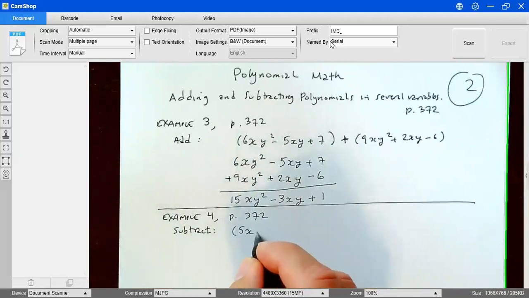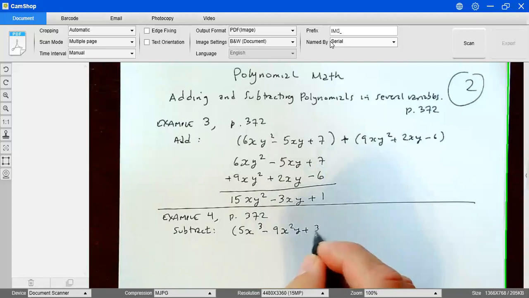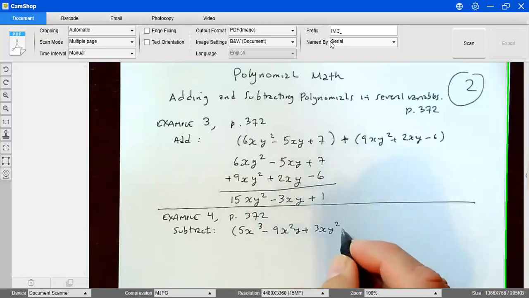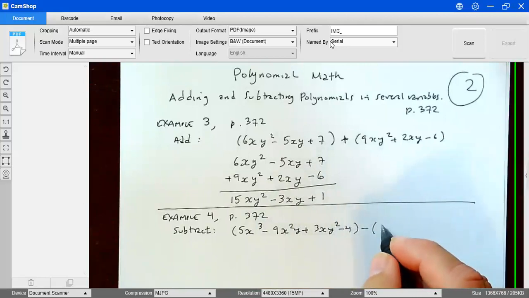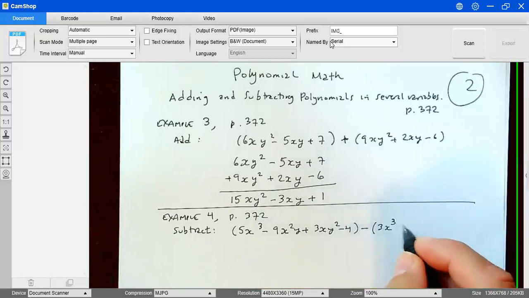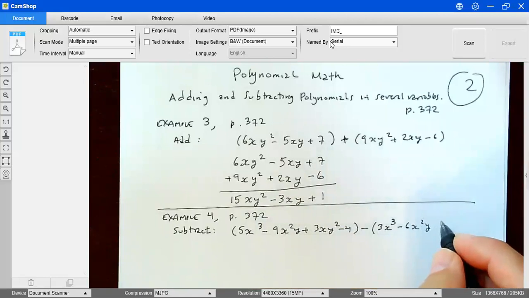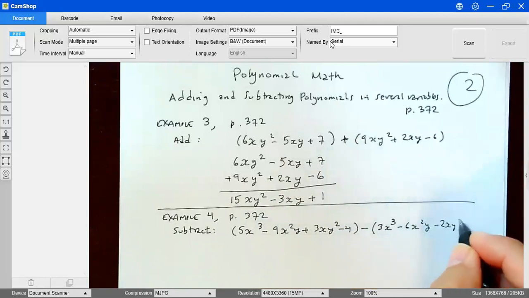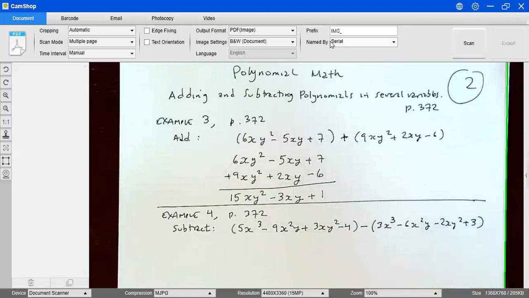We have 5x cubed minus 9x squared y plus 3xy squared minus 4 minus 3x cubed minus 6x squared y minus 2xy squared plus 3. So that's the subtraction that we're going to perform.